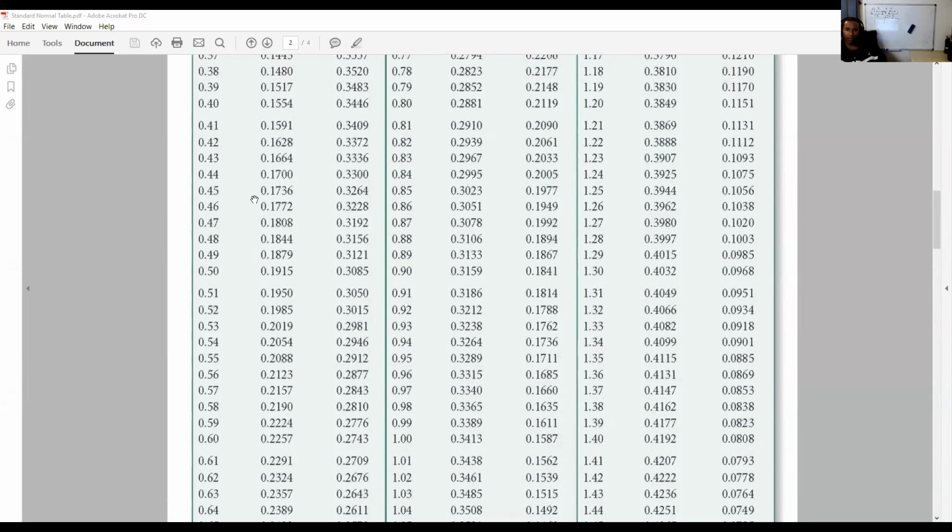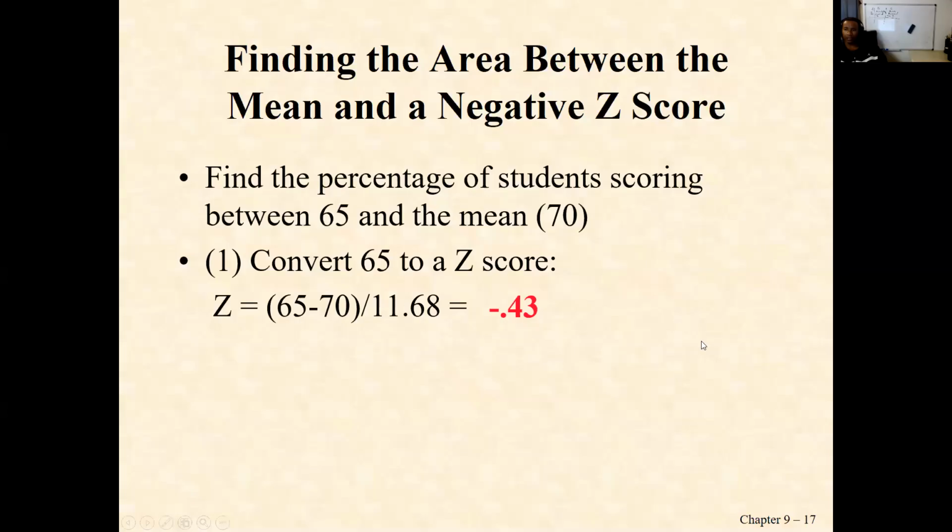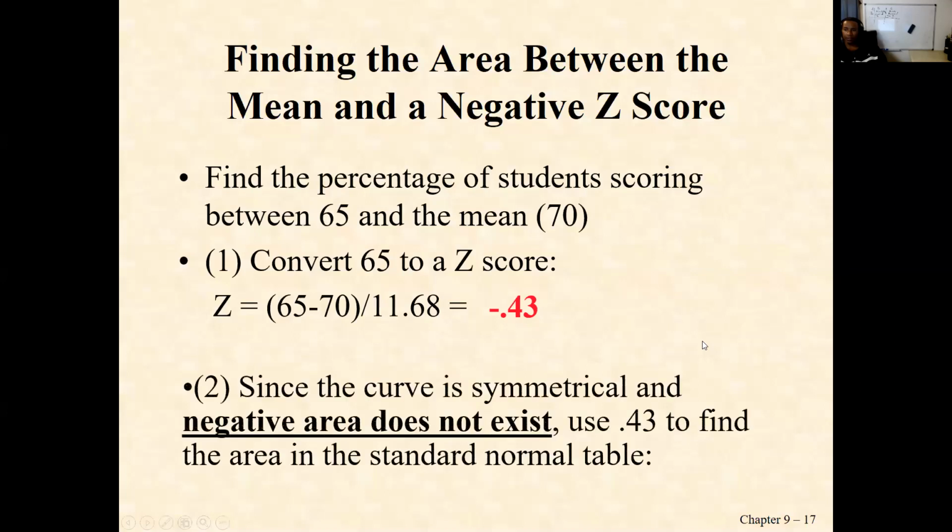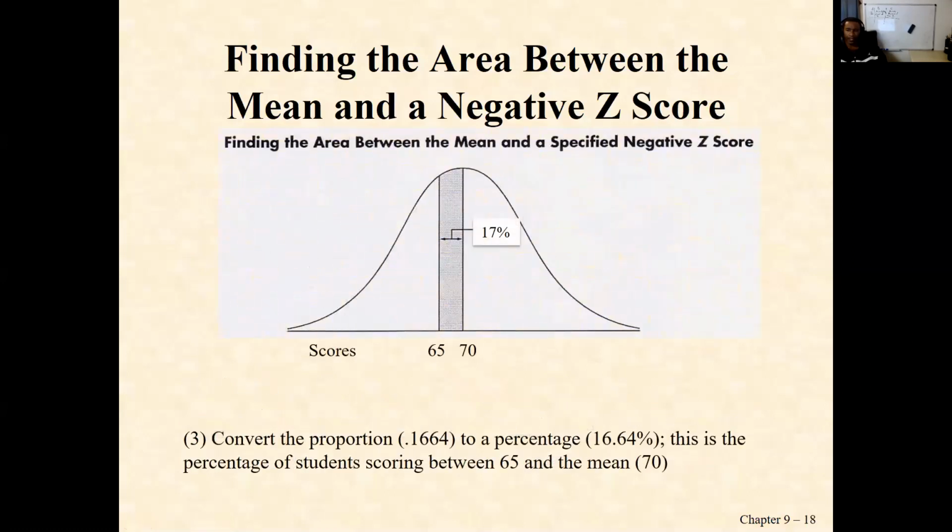We're going to look for 0.43, and what are we going to see in the B column? 0.1664, which we already know is equivalent to about 16.64%. So we know that's about 17% of the distribution score between 65 and 70.